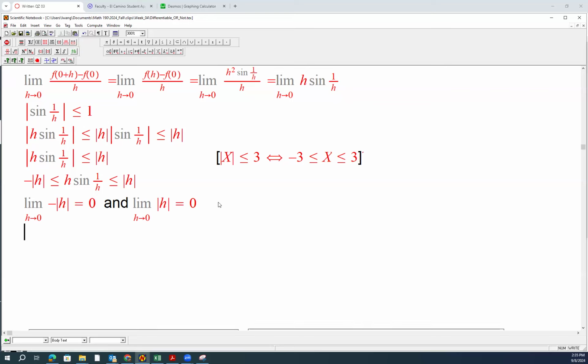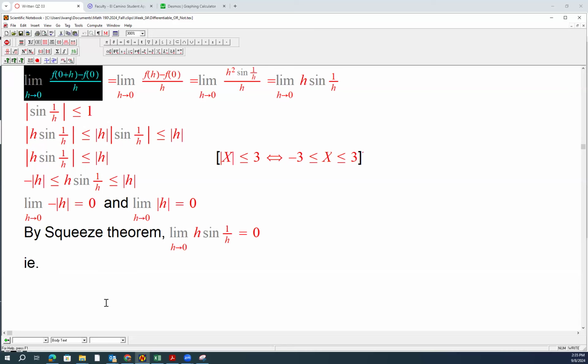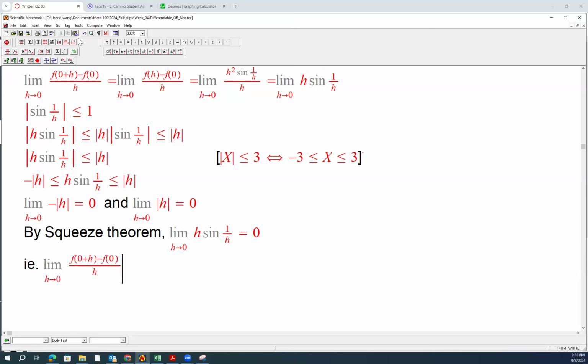So by the squeeze theorem, this function that's squeezed between those limits has limit 0. We're going to make that connection, i.e., that limit not only exists, it also is equal to 0.